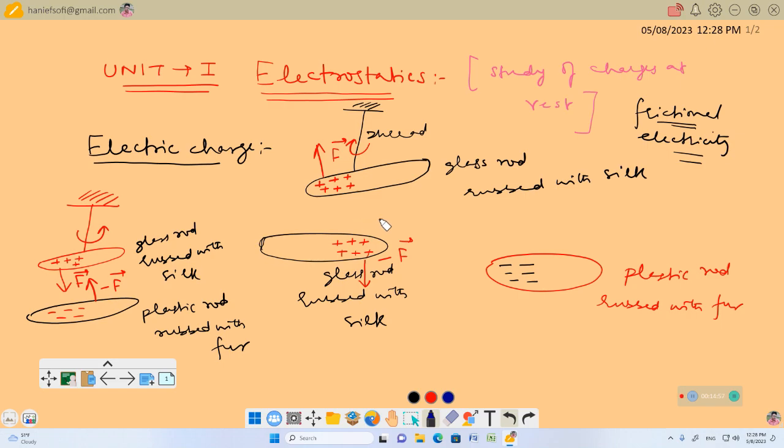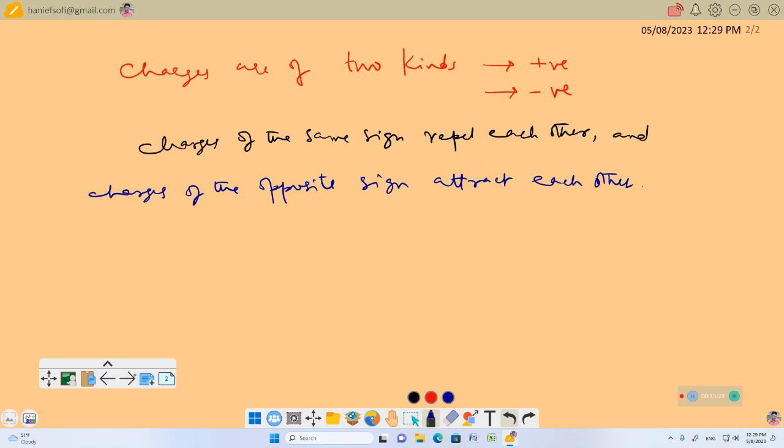Or if you take two glass rods with no net charge or excess charge closer to each other, there will be no interaction. So it is the possession of positive or negative charge in a body due to which it shows interactions like charges repel or unlike charges attract. First they must have charge. After that they will show these kinds of interactions, right?